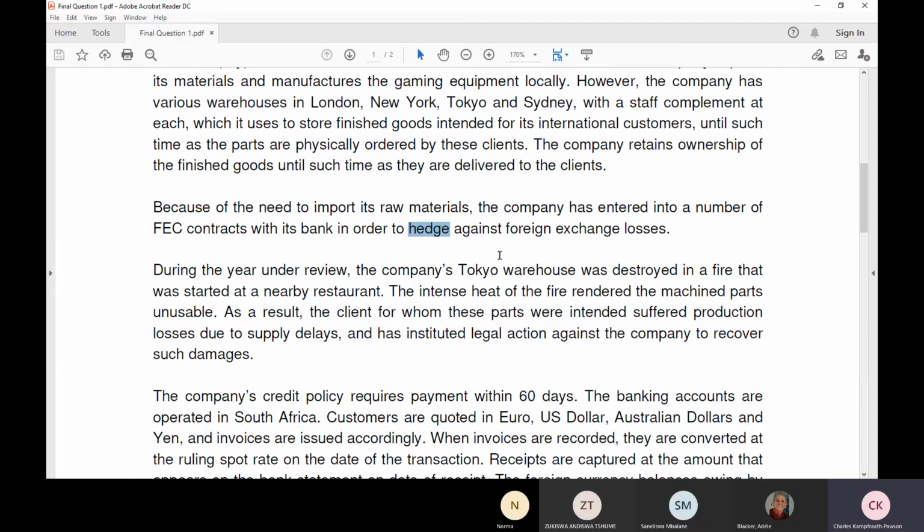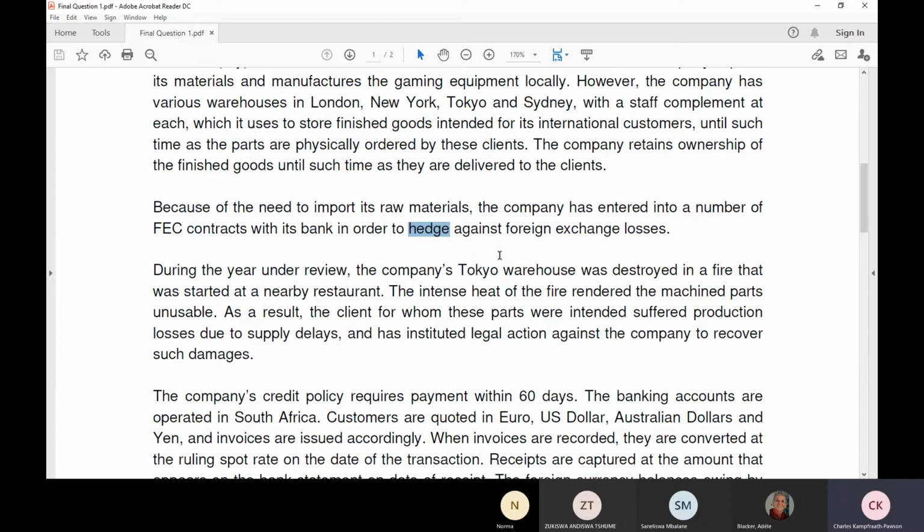So if I have to pay someone $200, but only 3 months from now, to hedge myself, I will go and purchase $200 from the bank today. In other words, I will literally exchange money today, purchasing dollars at today's exchange rate, and then when you have to pay, you have that amount already in dollars, and you can just pay in dollars.